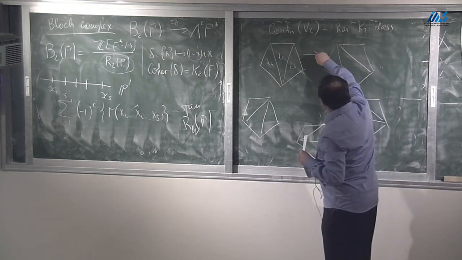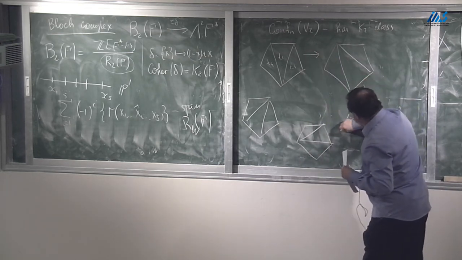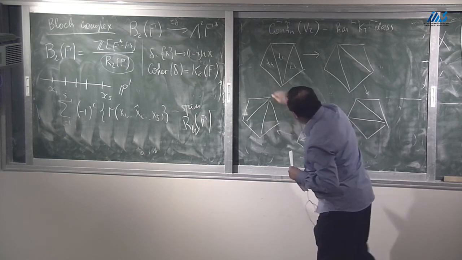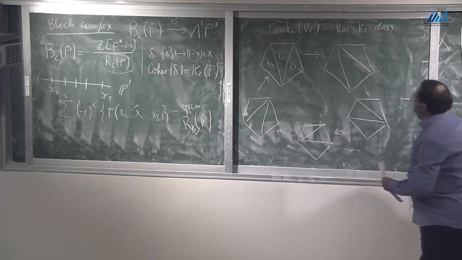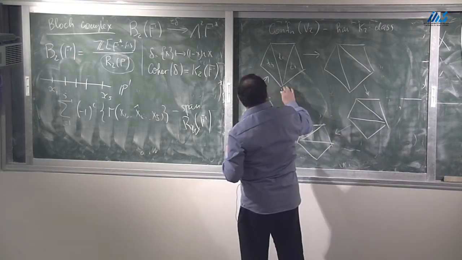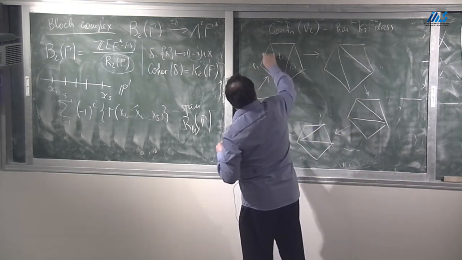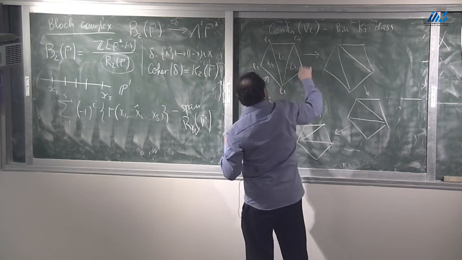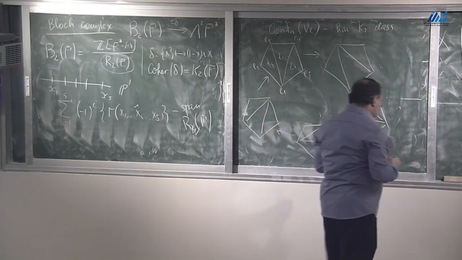So we have a sequence of 5 flips of our triangulation, and then we come back. But now notice, when we do a flip, let me number these elements again as L1, L2, L3, L4, and L5.